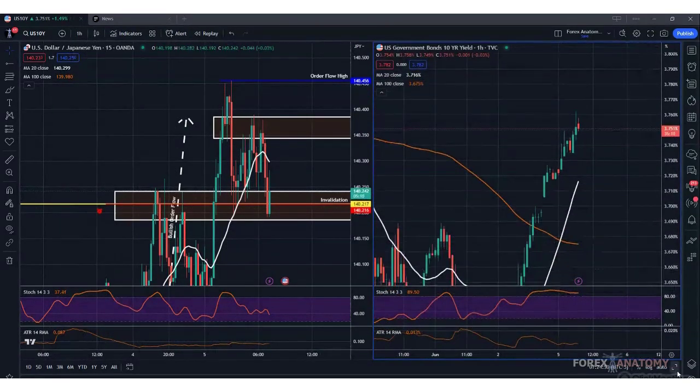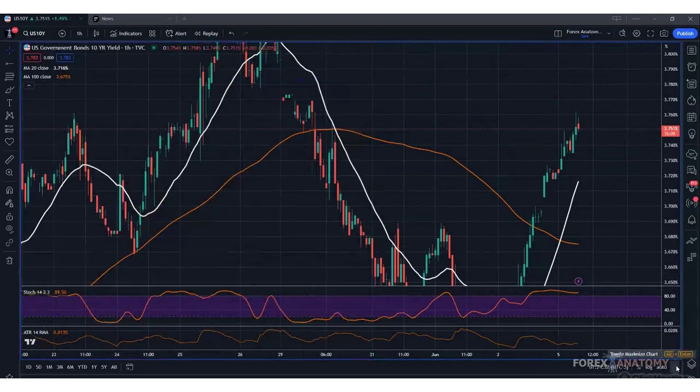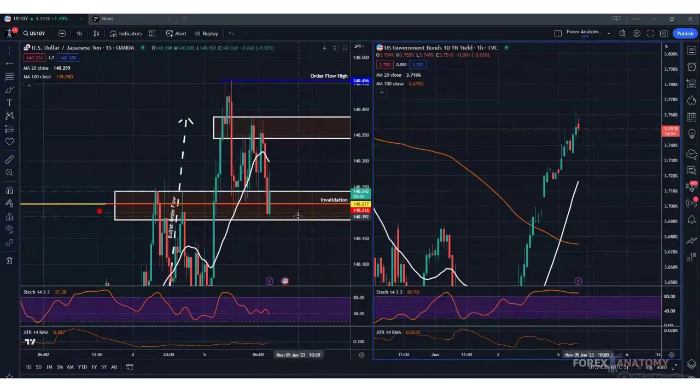But I just wanted to point out different things you can do to help you with your validation or your confirmation. If you're not sure about a particular setup, there are other cross-related, interrelated assets that you can look at to help with your decision making. Other assets, other indexes, other instruments or whatever that can help you make a decision. And I know that this is what we typically do.